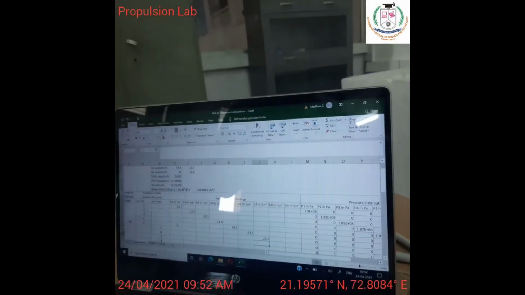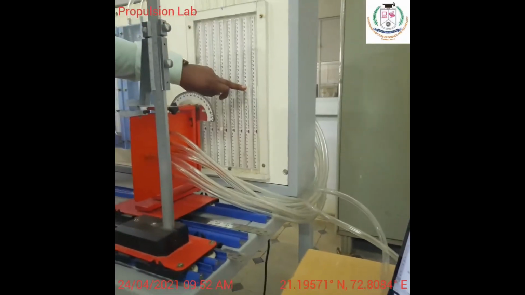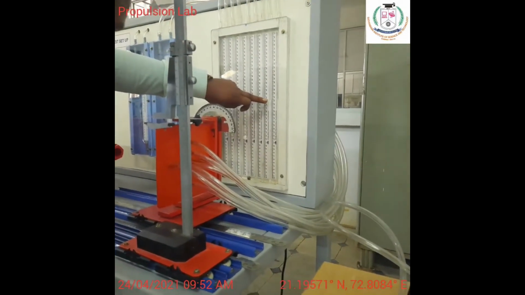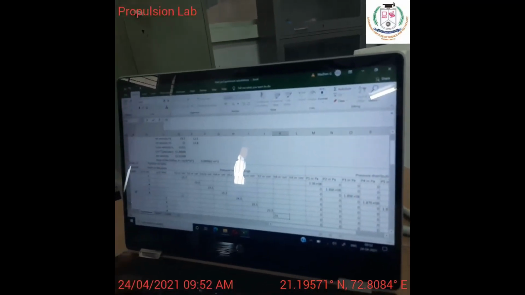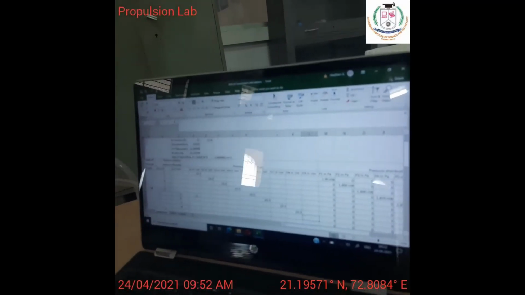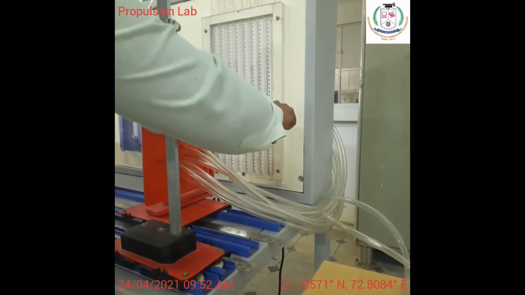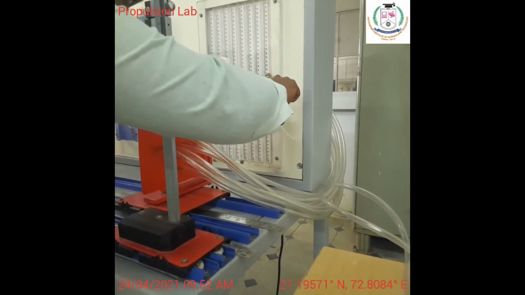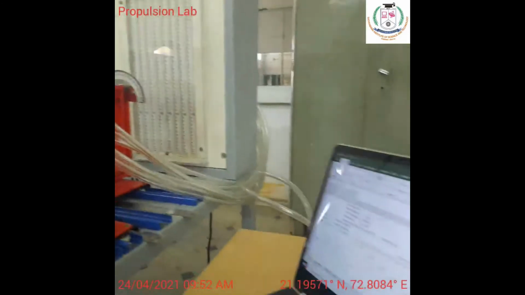And then we will be having the minus 2 reading, which is 23.3. And then what is your H9? The H9 is the 9th reading, the last reading, which is 23.7.